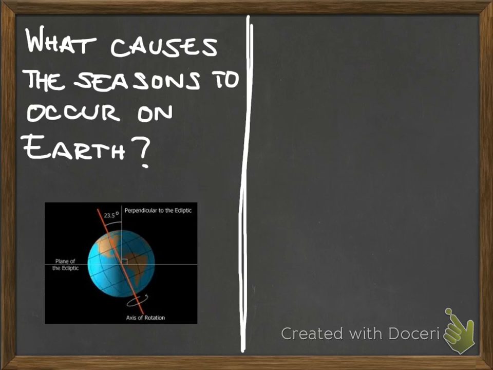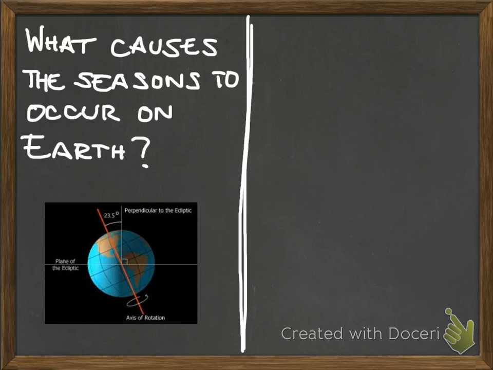Now, moving on. What causes the seasons to occur on Earth? Well, this is where the Earth's tilted axis comes into play. So you can see that the Earth tilts on an axis about 23.5 degrees away from perpendicular.